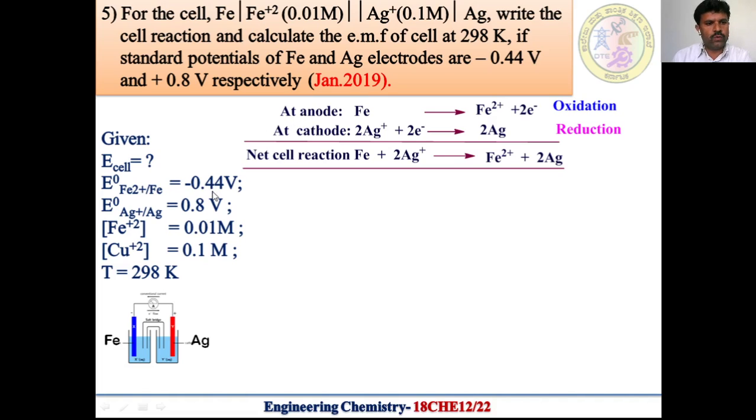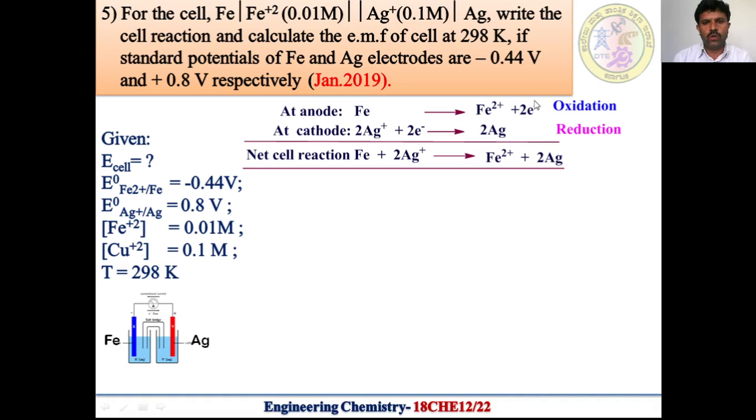Here, according to the E0 values, silver acts as the cathode and iron acts as the anode. So the anode undergoes oxidation: Fe becomes Fe2+ plus 2 electrons. Simultaneously, silver undergoes reduction: Ag+ plus electron gives rise to Ag.